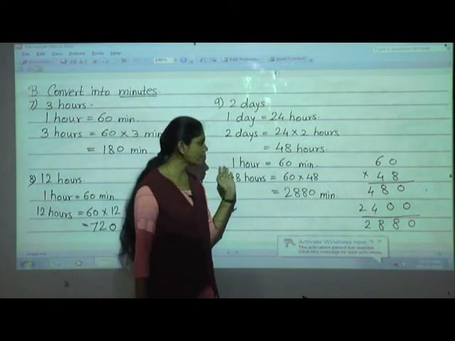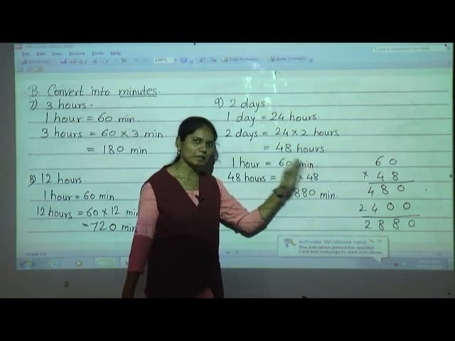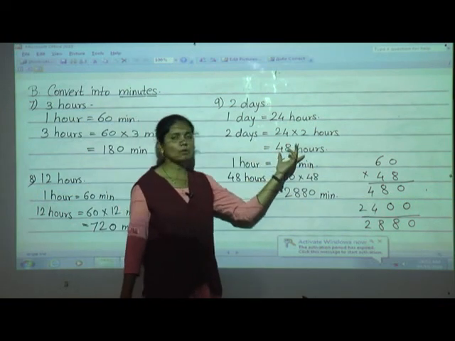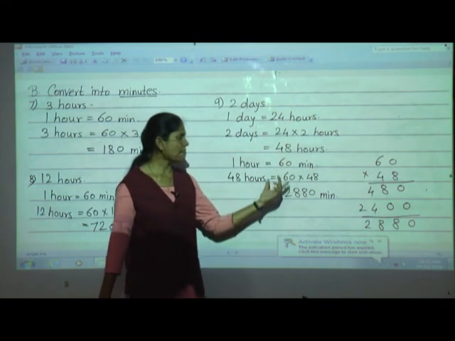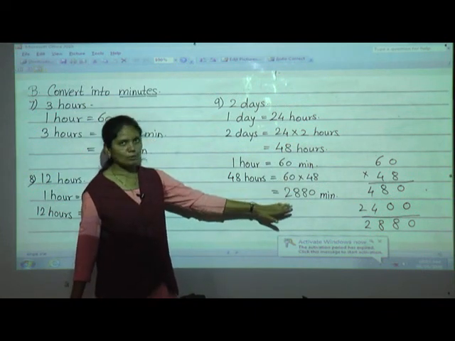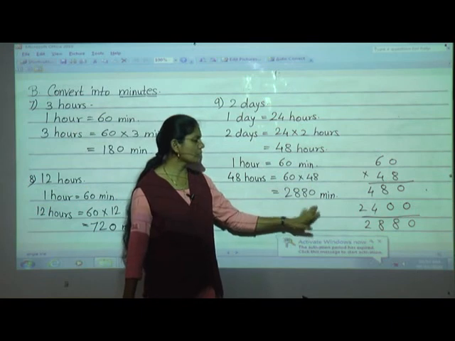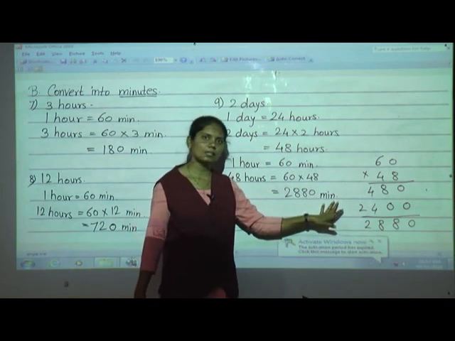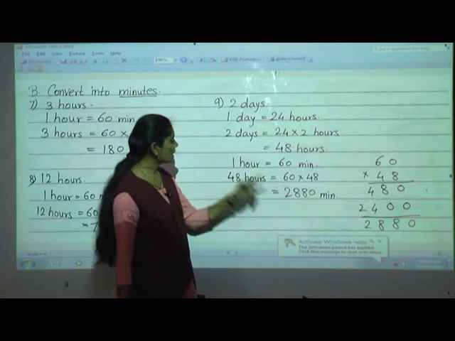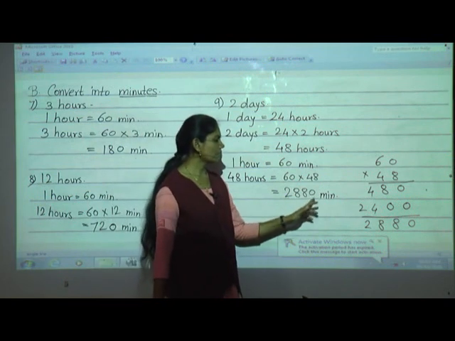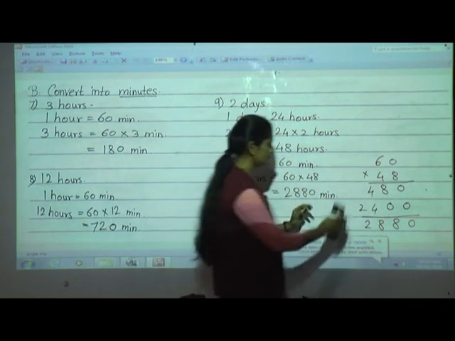So for that 1 hour is equal to 60 minutes. Then here we have 48 hours. So that 48 hours we have to convert into minutes. So here 60 into 48, here we got 2880 minutes. So 2 days is equal to what? 2880 minutes.